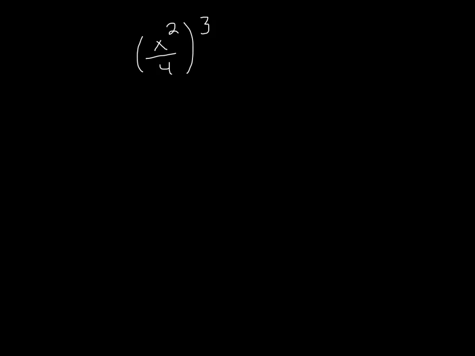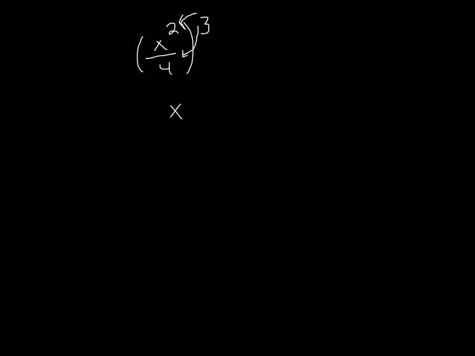The last part we're going to go over here is a quotient, which is a division problem, raised to a power. So here you have x squared over 4, all of that to the third power. Now it works the same way as with the product. So you're going to distribute the 3, but this time you're going to go to the top of the fraction and the bottom of the fraction.